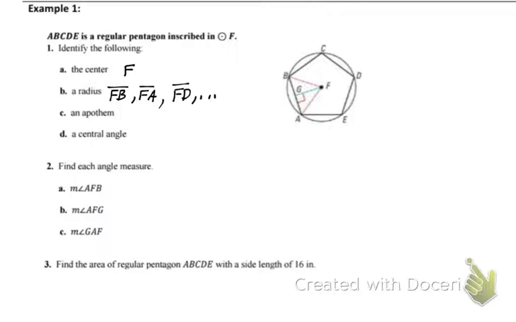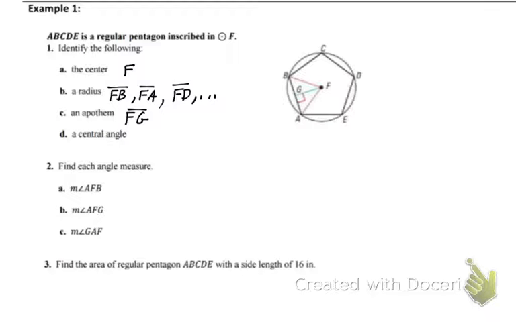All right, so any point that connects to our center. Is FG a radius? No, it doesn't go to the edge of the circle. Awesome. Name it apothem. Can you explain the definition of that? Someone name the central angle that's already drawn up there for us.